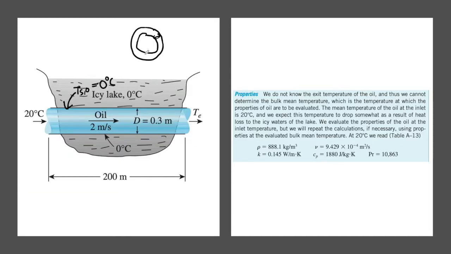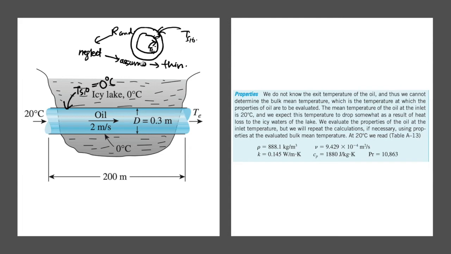So we are neglecting the conduction resistance here, R conduction, which means that when R conduction is neglected, we can assume that this pipe is actually a thin pipe. When we assume that this is a thin pipe, the TSI, this is TSI, and now the outside is TS out.